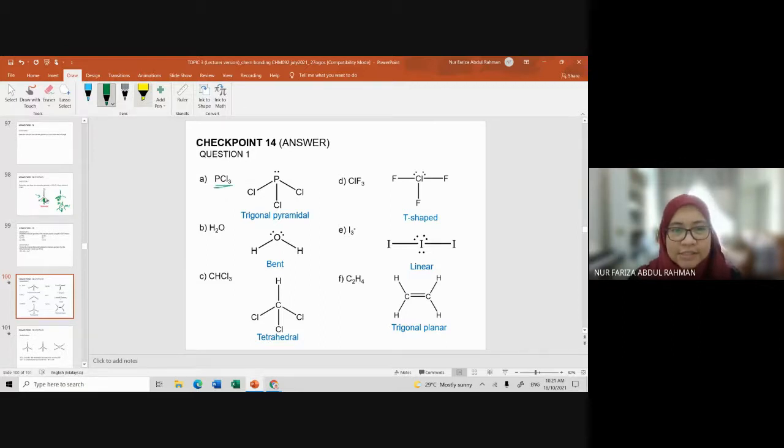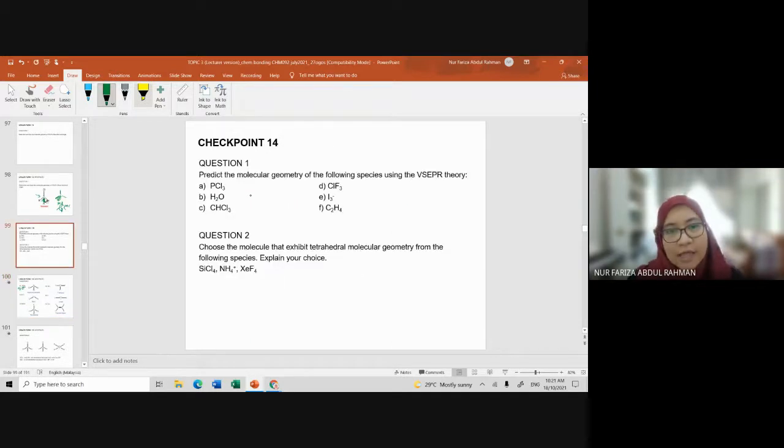Again, PCl3 is tetrahedral. The electron geometry is tetrahedral, guys. Even though the question did not ask for the electron geometry, it asks for the molecular geometry, but it's the process: in order to get the molecular geometry, you need to know the electron geometry. The process is like that.